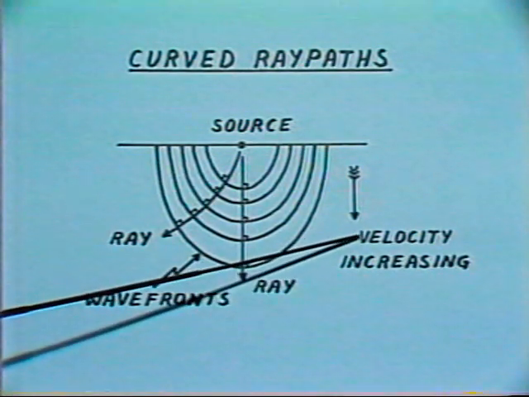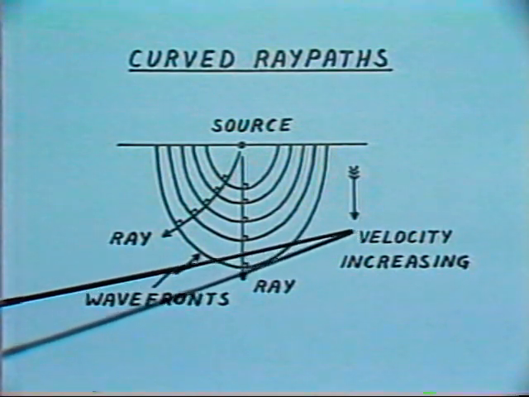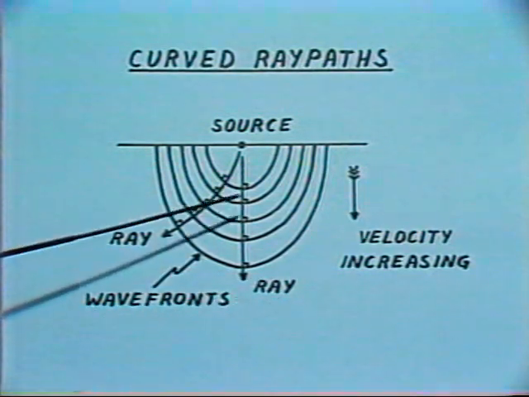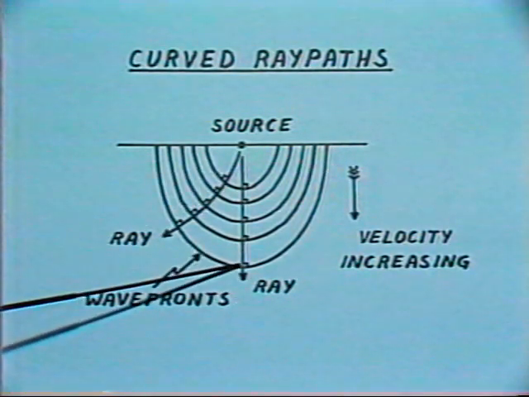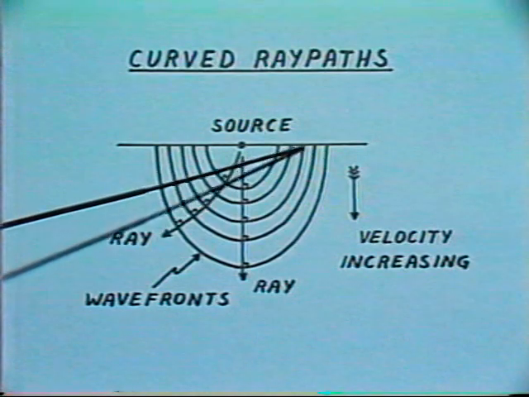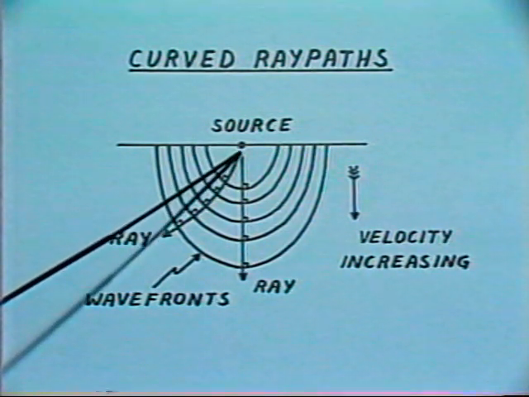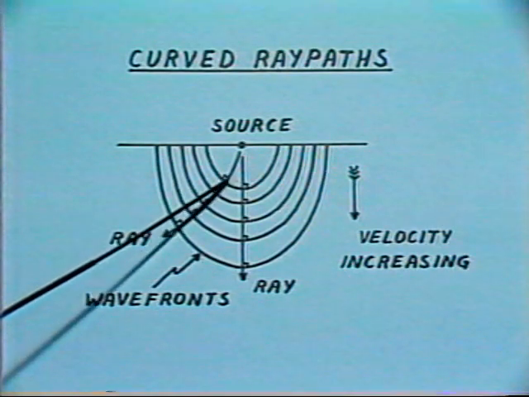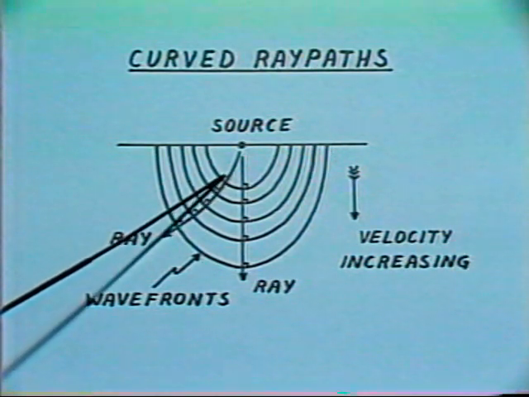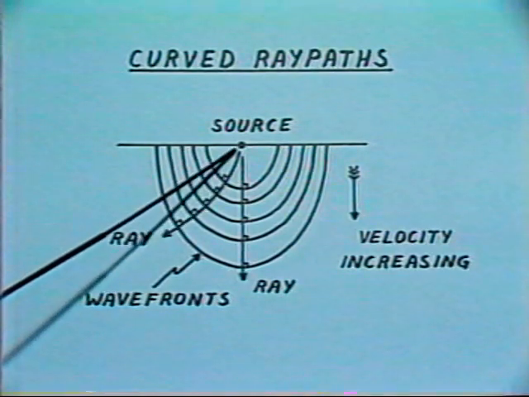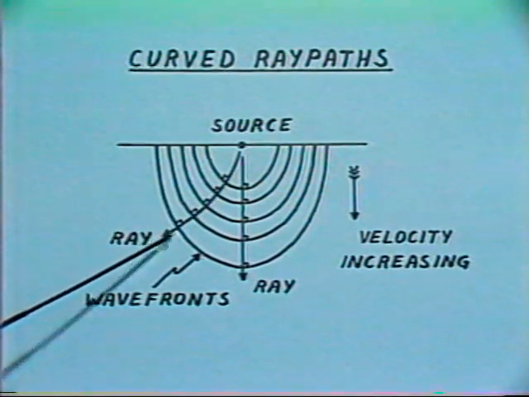That is because the velocity with which the energy travels increases with depth below the surface. So a ray traveling in this direction would have traveled further in a given time than a ray traveling along the surface at a slower velocity. Now, since a ray of seismic energy is simply the energy which travels along a line perpendicular to the wavefronts, if we looked at a ray that started out in this direction from the source, then since that is a line which is perpendicular to each of these wavefronts, it must form a kind of curve like this.